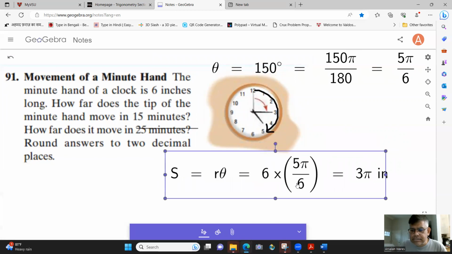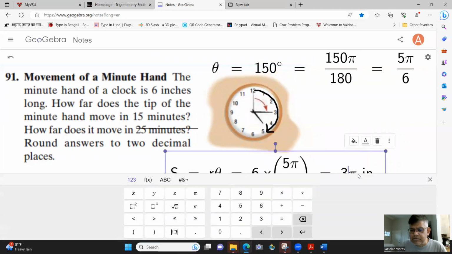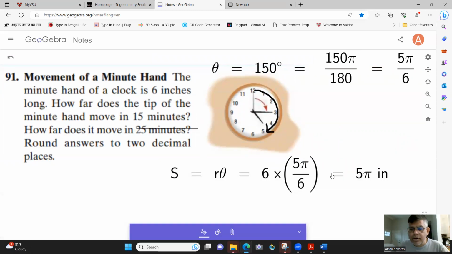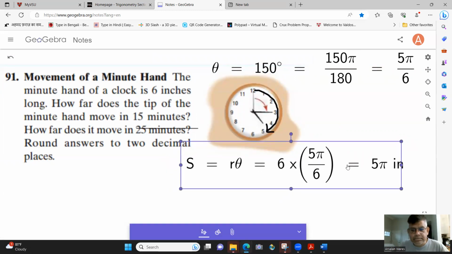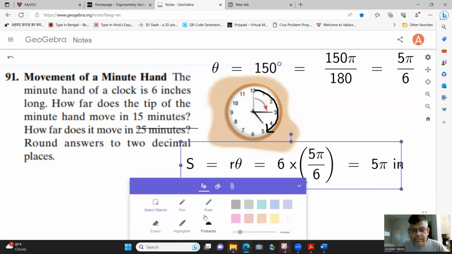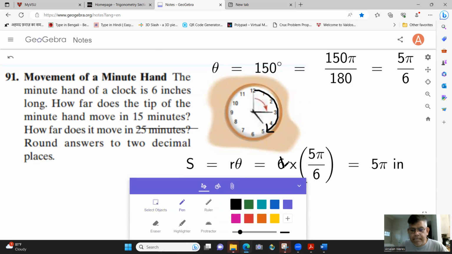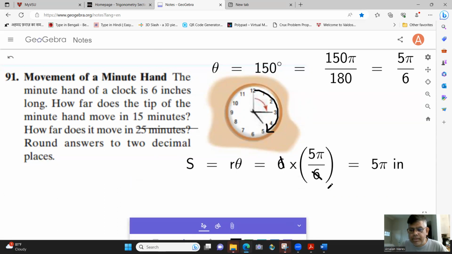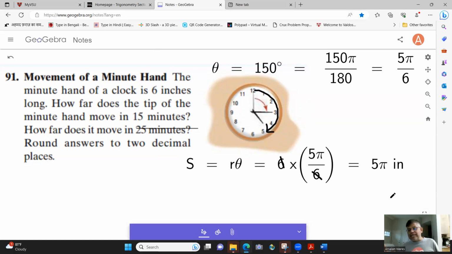I can cancel the 6's, this 6 and this 6, and my answer will be 5 pi. 5 pi. That's my answer, guys. This 6 and this 6, they go away. Answer is 5 pi. You can leave it at 5 pi. You can use your calculator. Pi is 3.142 multiplied, but most people expect you to leave it as 5 pi.